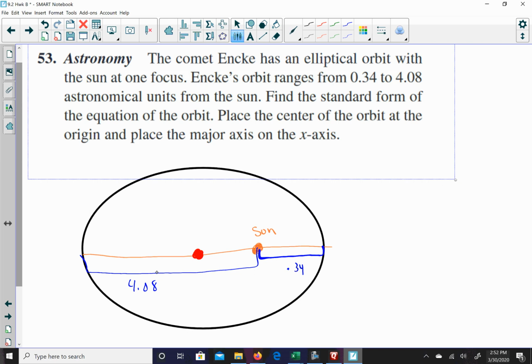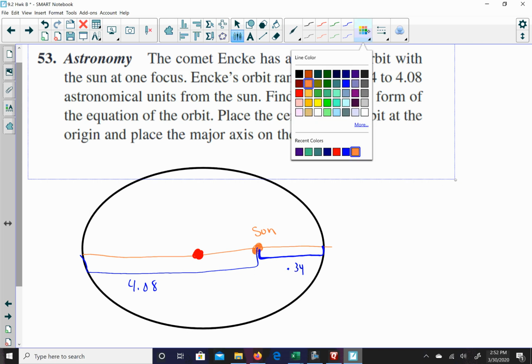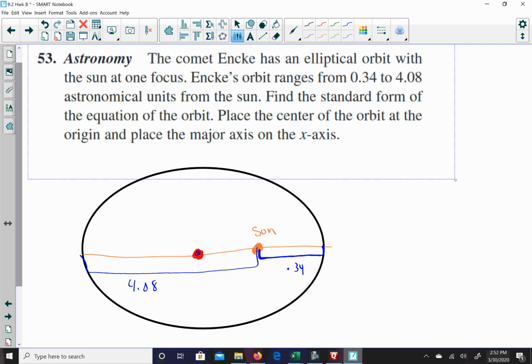So, what do I know? I know a lot actually, but let's figure out what I know. I know from here to here is C. The distance from the center to the foci is C. I know that from the center to my major vertex, that length is A. So if I look at this 4.08, that 4.08 is going to be A plus C. So A plus C is equal to 4.08.